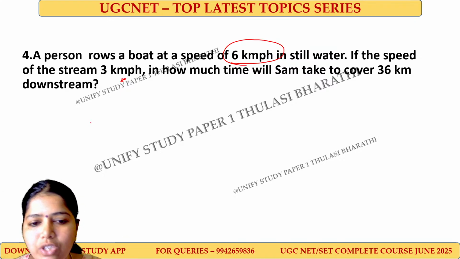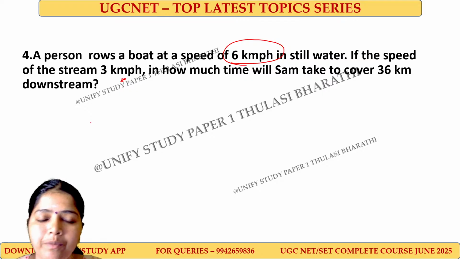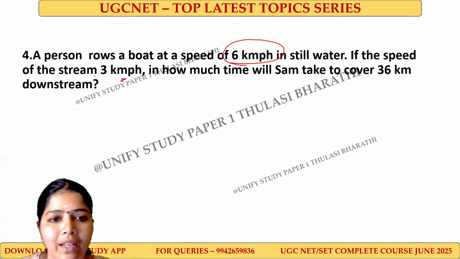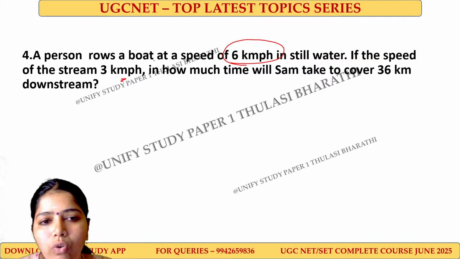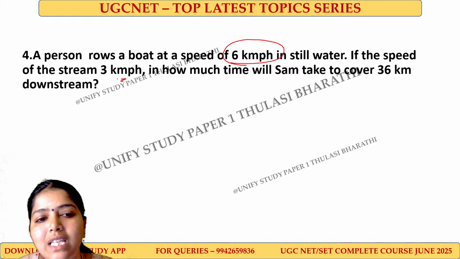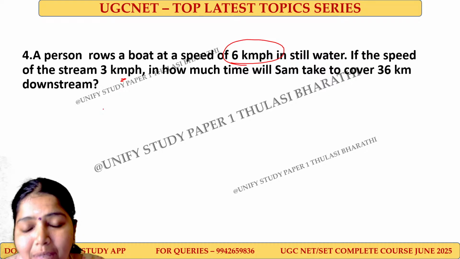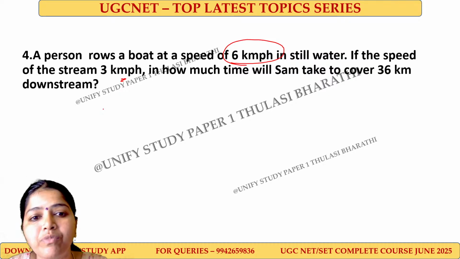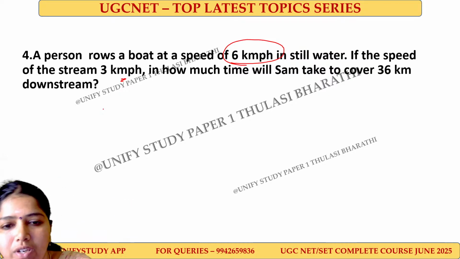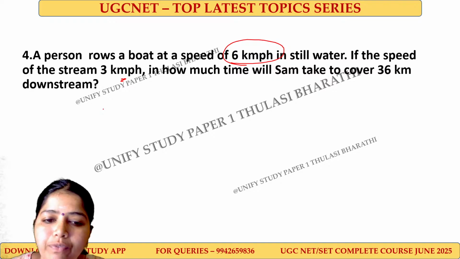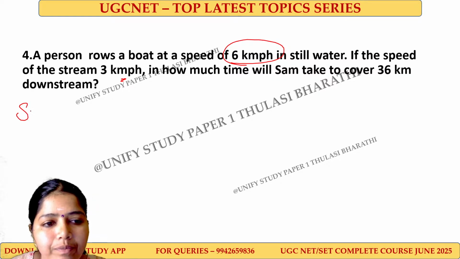36 km. First always try to break down what has been given. What is given? A person rows a boat at a speed of 6 km per hour in still water. If the speed of the stream is 3 km per hour, then how much time will he take to cover 36 km downstream? So what is the speed of the boat with the stream?